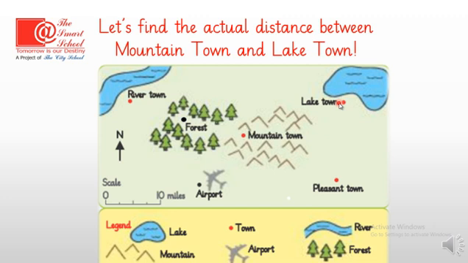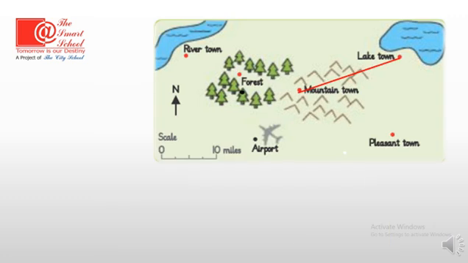Now let's check whether these are so close or far away. So let's find the distance. This is the mountain town and this is the lake town. Now let's see how far these are from each other.